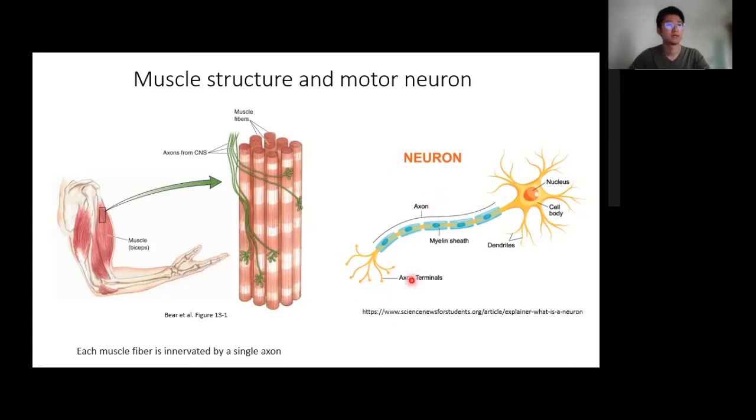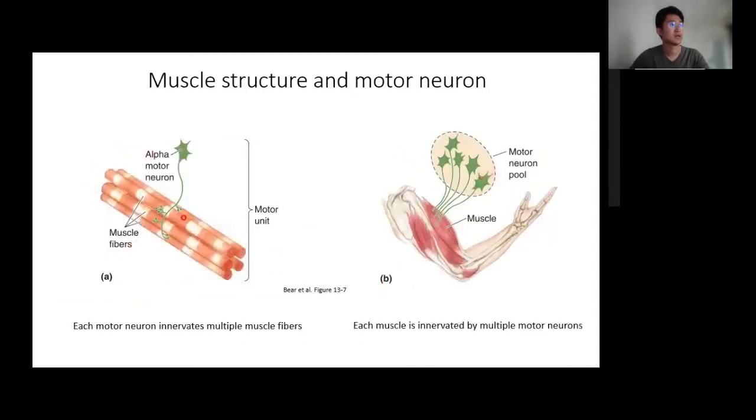So this is about the motor neurons. The alpha motor neuron is the motor neuron that directly innervates the muscle fibers. As we saw before, each muscle fiber is innervated by one axon terminal from an alpha motor neuron, while one alpha motor neuron can innervate multiple muscle fibers.